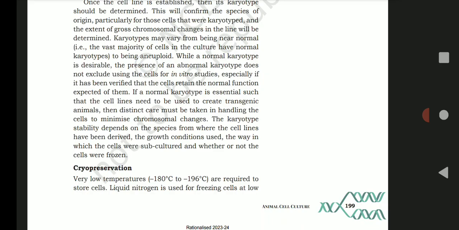The normal karyotypic cells are used to create transgenic animals, and distinct care must be taken in handling those cells to minimize chromosomal changes.